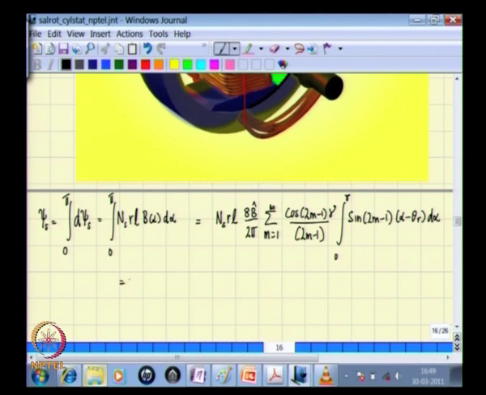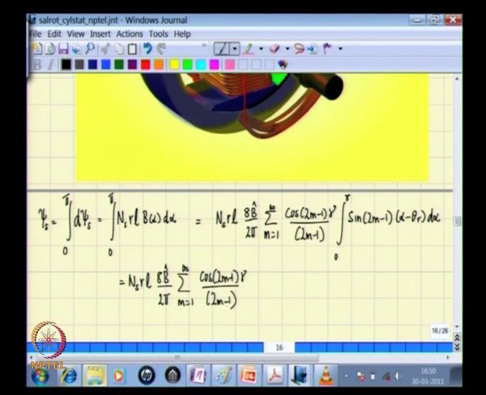This is n s r into L, 8 b hat by 2 pi, into sigma m equal to 1 to infinity, cos of 2m minus 1 into gamma by 2m minus 1.